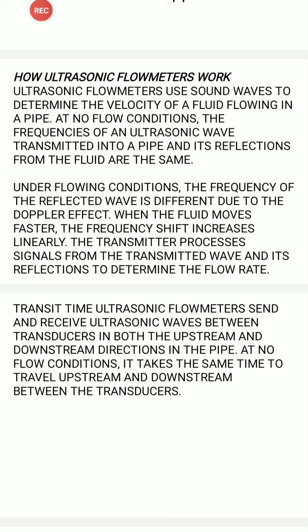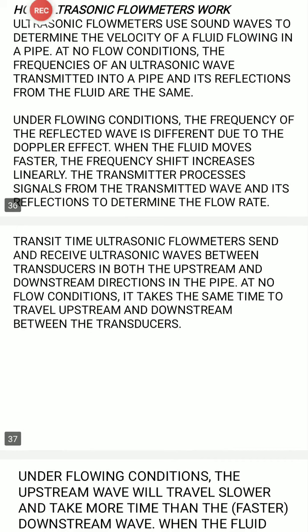Under flowing conditions, the frequency of the reflected wave is different due to the Doppler effect. What is the Doppler effect? When the waves are transmitted in the fluid stream, the transmitted and received wave pattern is different, and that depends upon the pressure or the flowing rate of the fluid. That effect is called the Doppler effect.